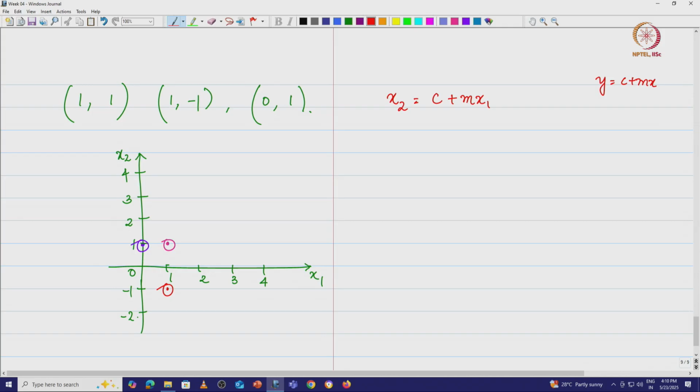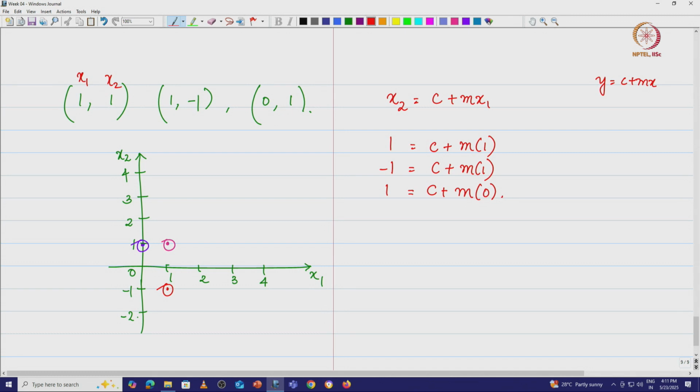The pairs of values that you have are x1, x2 in that order. So I take x2 is equal to 1, which is equal to c plus m into 1, and then x2 is equal to minus 1, which is equal to c plus m into 1, and then x2 is equal to 1 and c is equal to c plus m into 0.